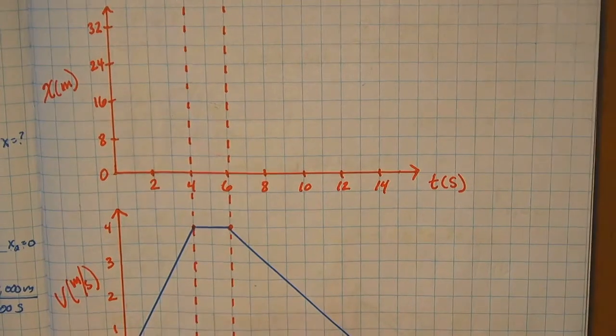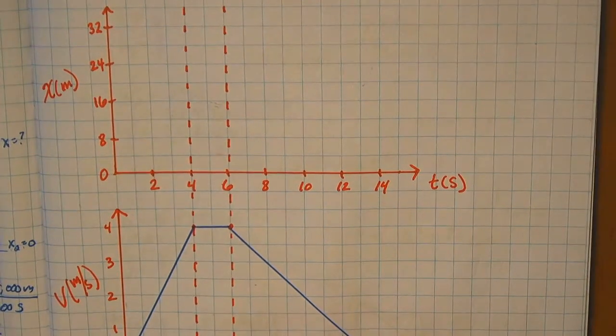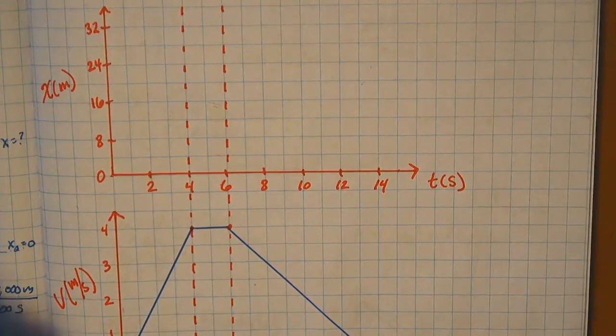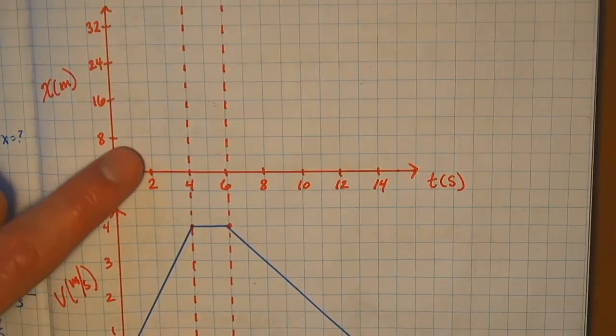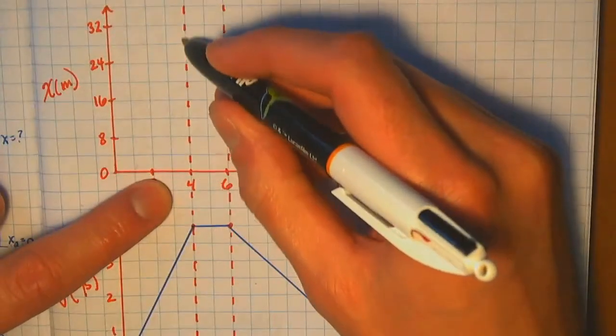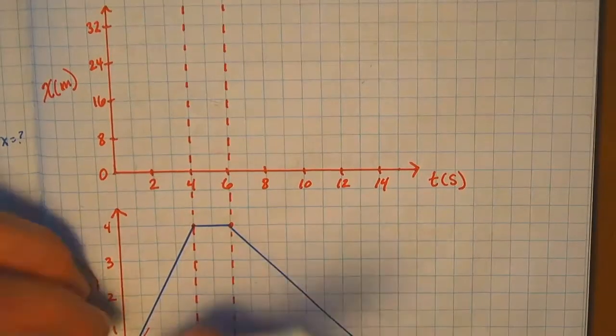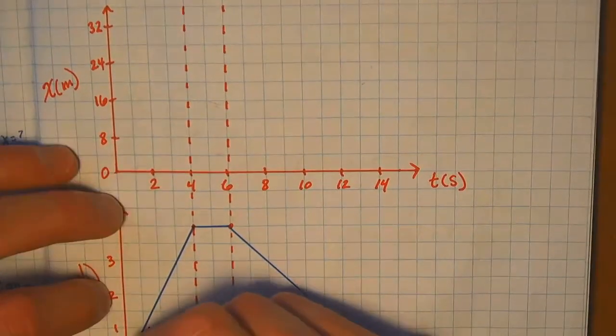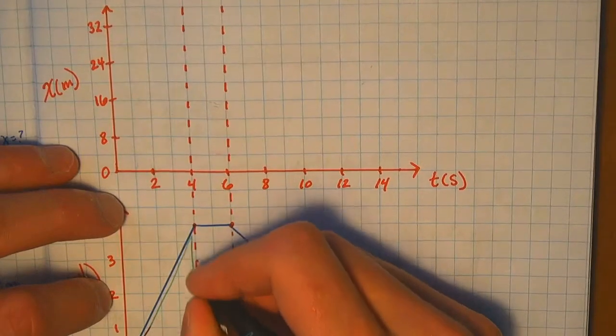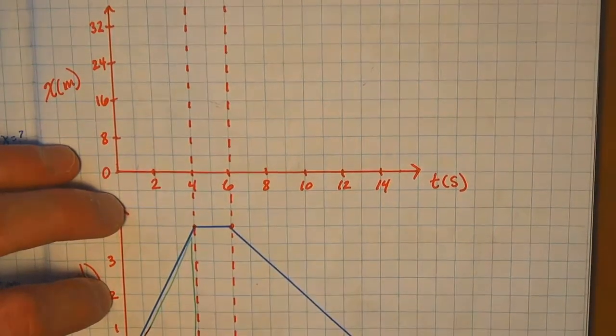First up, let's remember that the area underneath the graph is going to tell us the position. So if I want to find the position on this dotted line right here, I need to find the area of this triangle. So find this area right here.